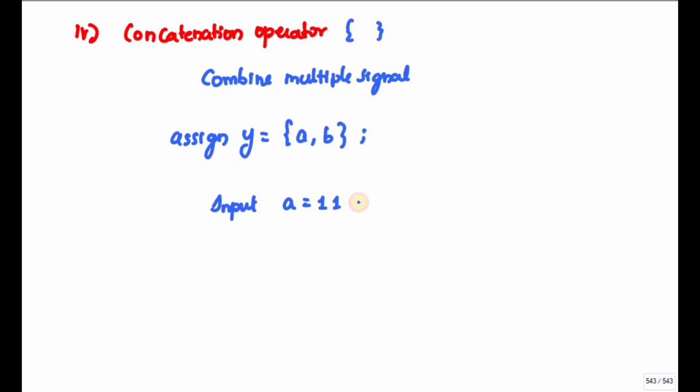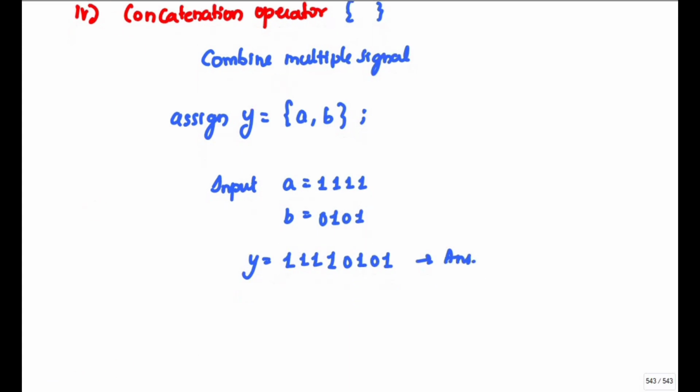This is my y value. You can see a is 4 bits and b is 4 bits, and the answer y is 8 bits.